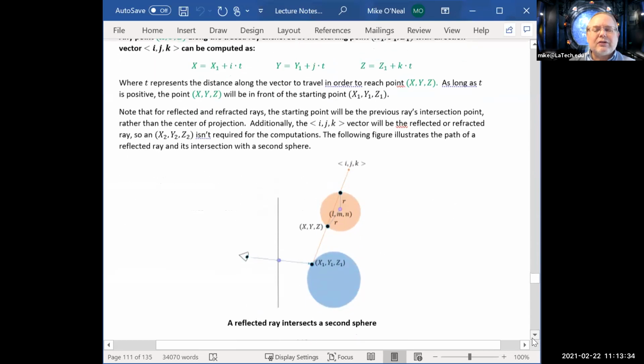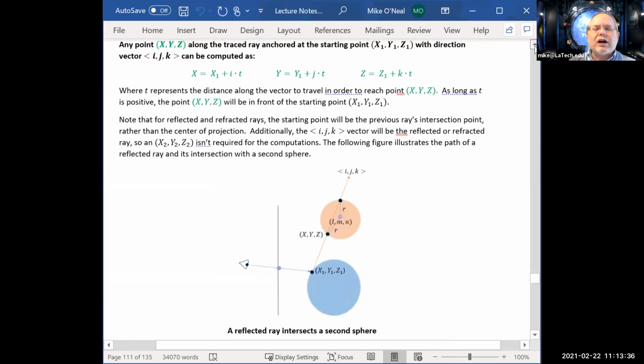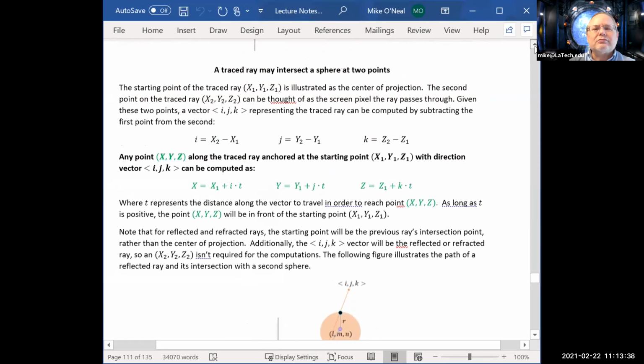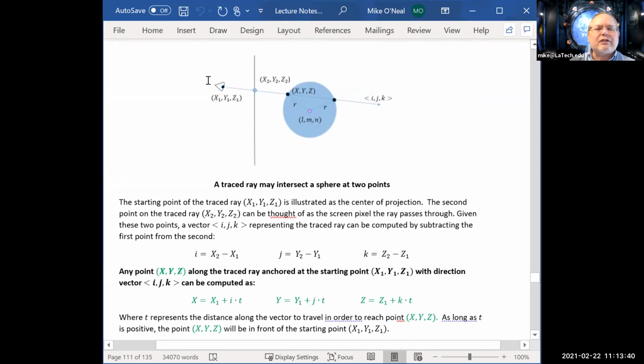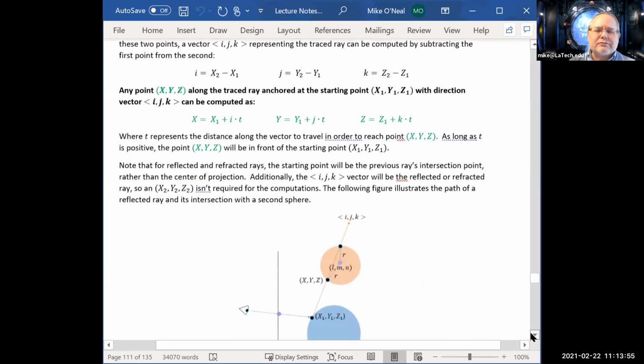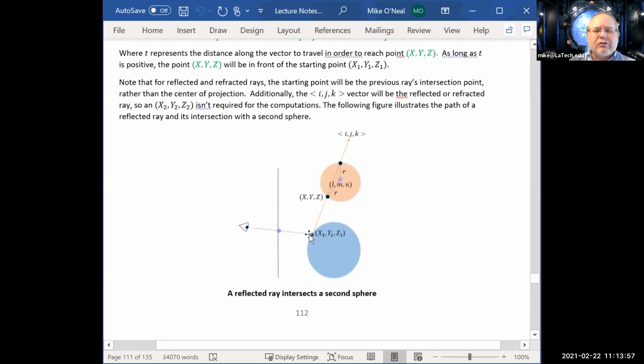And so remember, we're not just doing this for the initial ray that comes out of our eyeball. If we hit this point, we will then want to do a reflection and a refraction to see where that goes. So we would now have a new, reflected ray that goes out in some direction, and that reflected ray may hit an object.